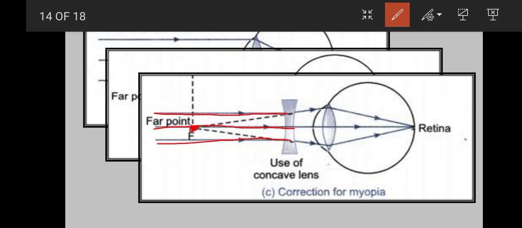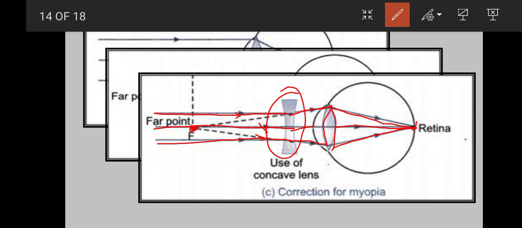These parallel light rays get refracted from the concave lens, and they are somewhat diverged before entering the eye, and when they enter the eye they will be easily converged on the retina.